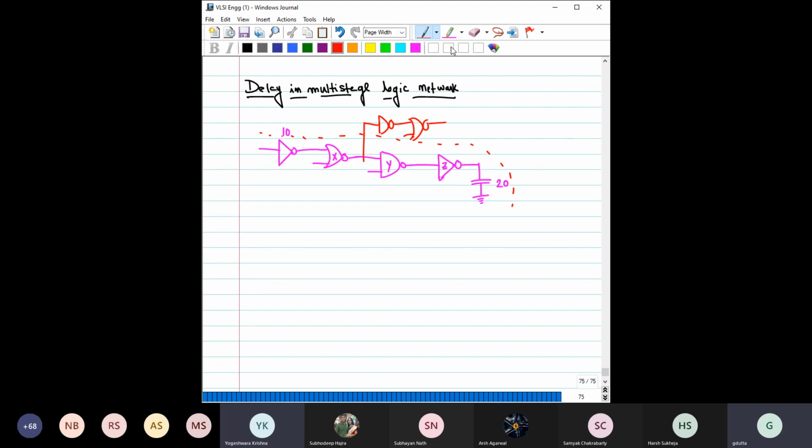So let us first discuss without branching, the very simple case. Then we will introduce what will happen if we now introduce branching, because in any particular design you can have a structure like this in the circuit diagram. So then what to do? How should we handle that? That we are going to discuss tomorrow.